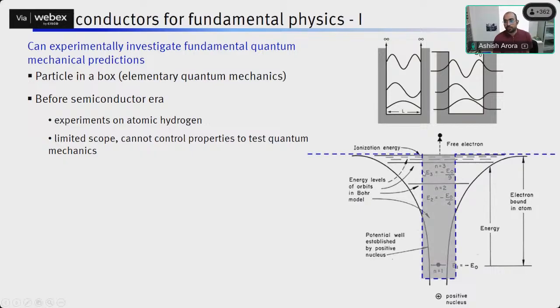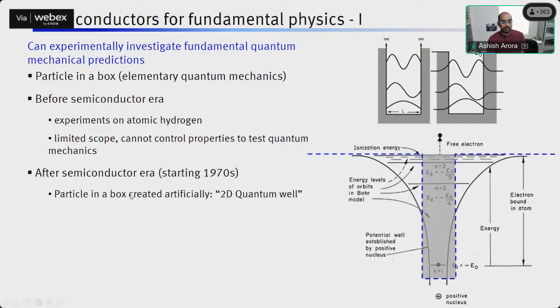Now, of course, this is not really a well. This is a very bad approximation. It does not give answers close to the quantum well approximation here. Therefore, the concepts could not be tested until the 1970s, when the particle in a box was actually created artificially, which was called a two-dimensional quantum well.